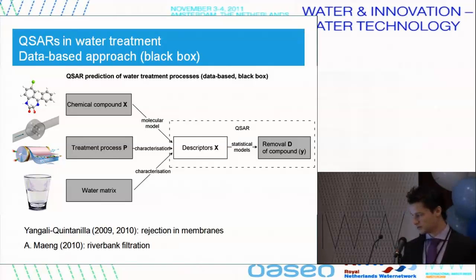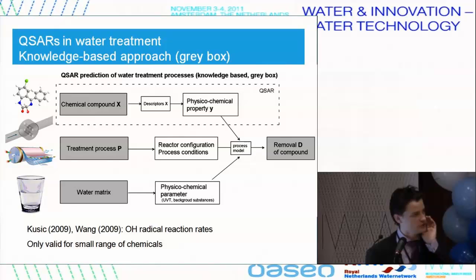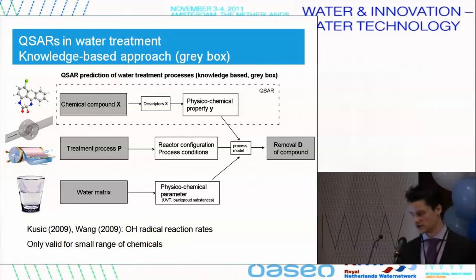In the other one, you use a process model to make a prediction of the removal, and the input of that process model is, for example, for UV, the reaction rate with hydroxyl radicals, and you develop the QSAR for that property, for example, the reaction rate with OH radicals.